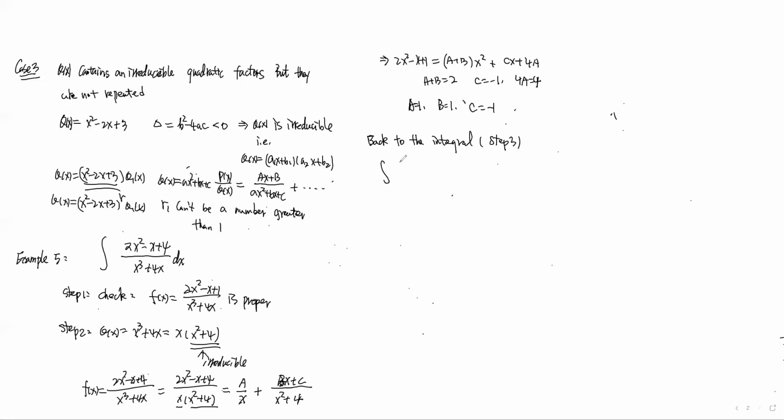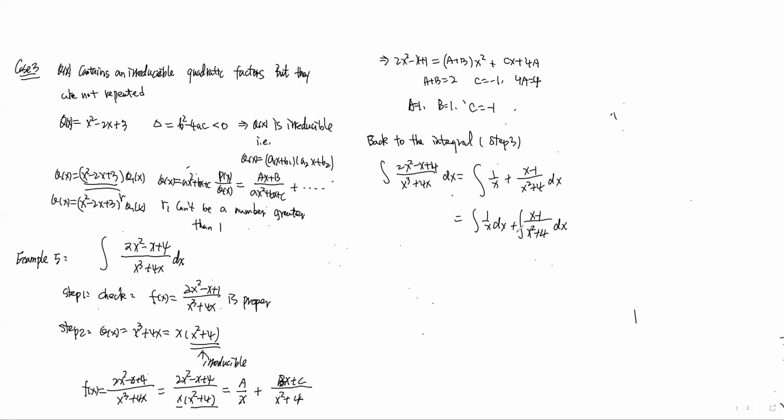So we have the integral of (2x squared minus x plus 4) over (x cubed plus 4x) dx, which is the integral of 1 over x plus (x minus 1) over (x squared plus 4) dx. So this is the integral of 1 over x dx plus the integral of (x minus 1) over (x squared plus 4) dx, right?